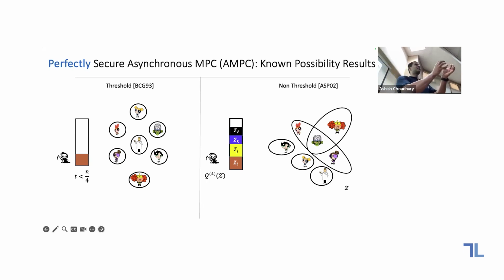It states that if you take any 4 subsets of size t, it is still less than n if you take their union. So that condition is generalized to the Q4 condition, where you are saying that you take any 4 subsets from the adversary structure, it doesn't matter what their individual cardinalities are, their union should not cover the entire set. That is the corresponding necessary condition for perfectly secure asynchronous MPC.